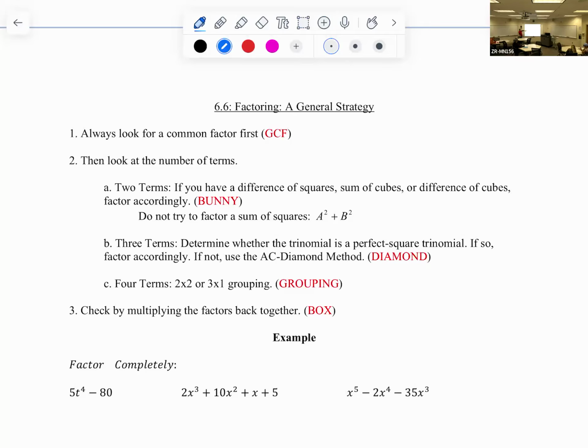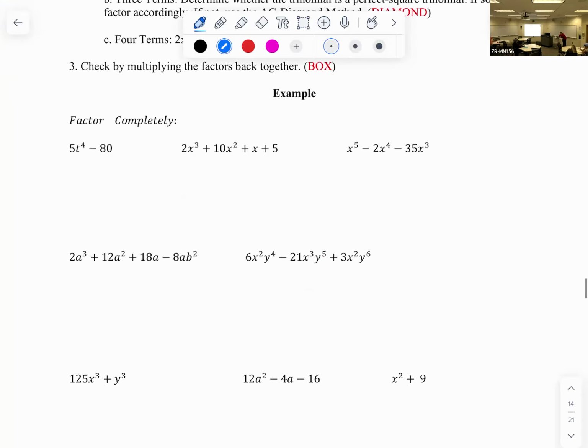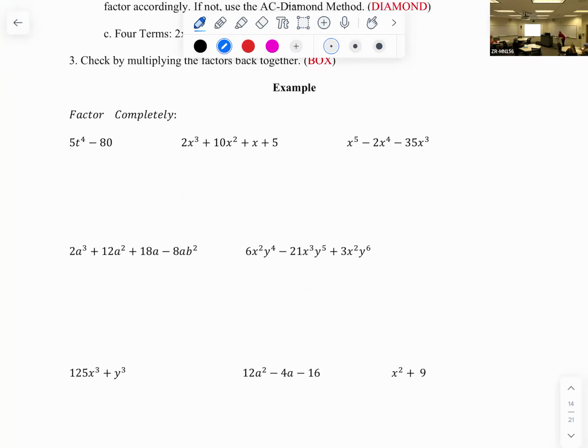Yes, prime things exist, but that is the absolute last resort. And then of course, in order to check it, box them back together, multiply back together. So let's test out some polynomials and see how we can break them down.